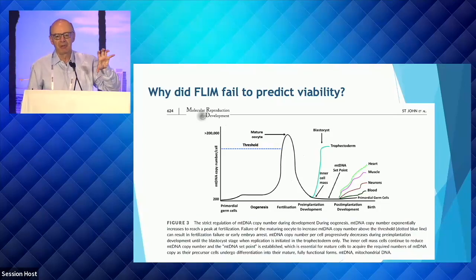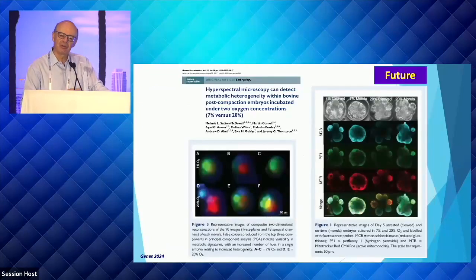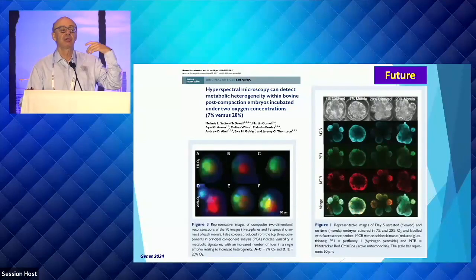What we were probably measuring is the good mitochondria that gets you to the blastocyst stage, but it wasn't necessarily representative of what's going to get you post-implantation. So we learnt a lot, but there are still some really cool technologies using non-invasive imaging that don't just look at the mitochondria, but can look at many things.